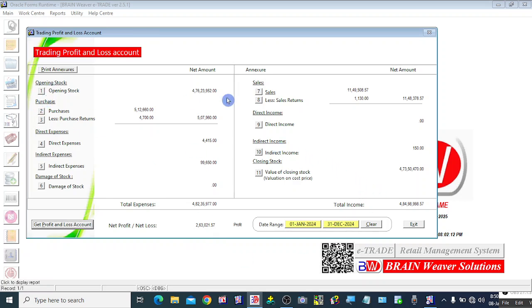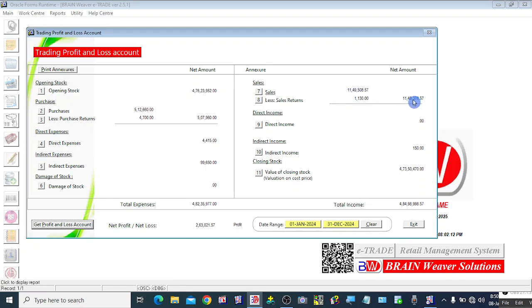Here we can see the opening stock is so and so amount. The purchase is 5,12,660. The purchase return is so and so. So the net purchase is coming 5,07,960. Total direct expenses is 4,415. Total indirect expense is so and so.